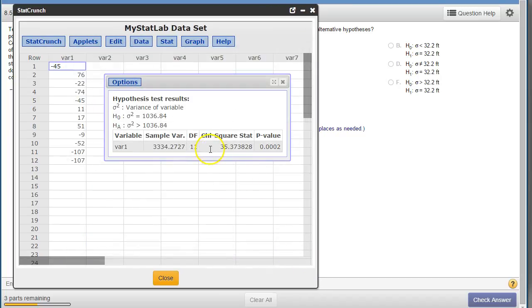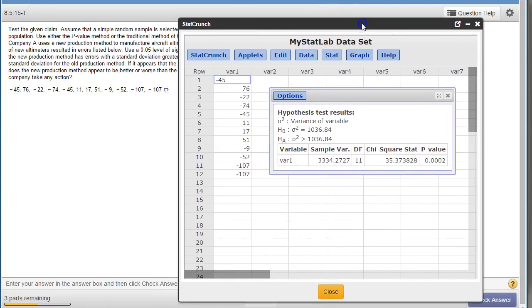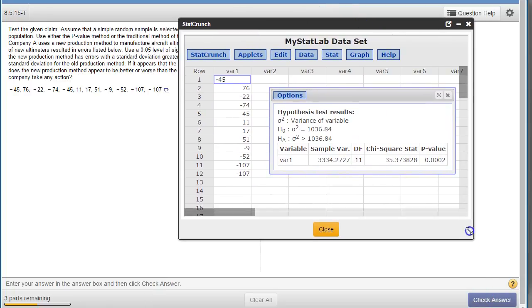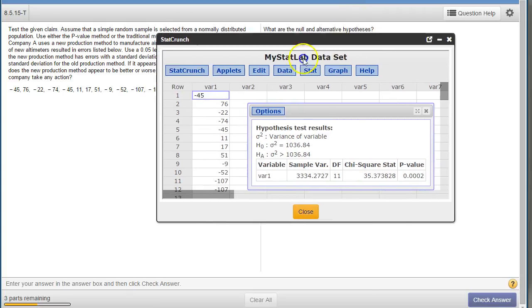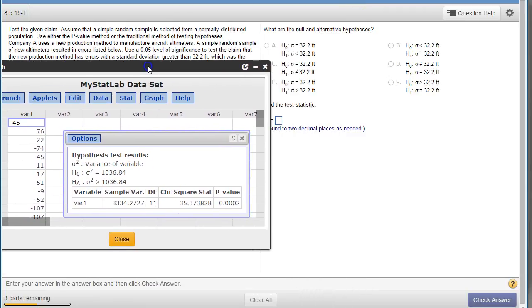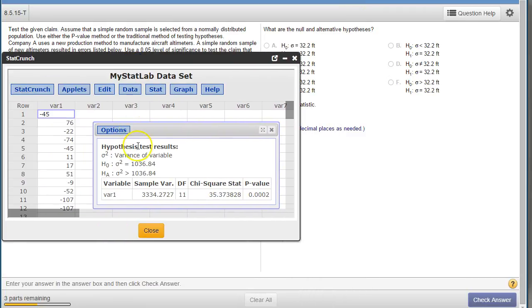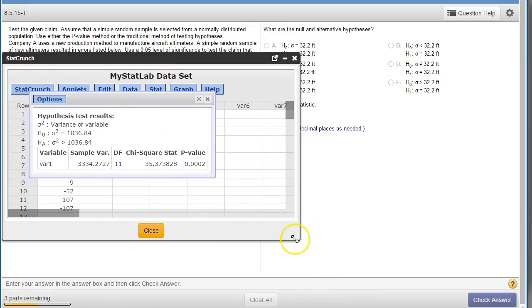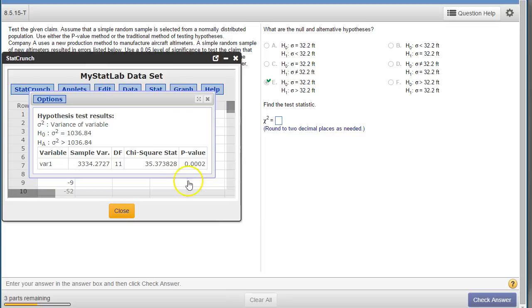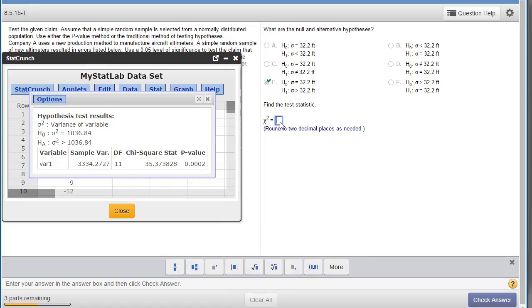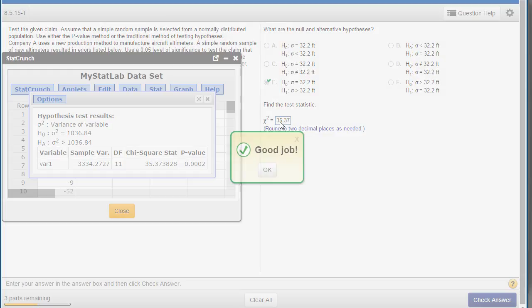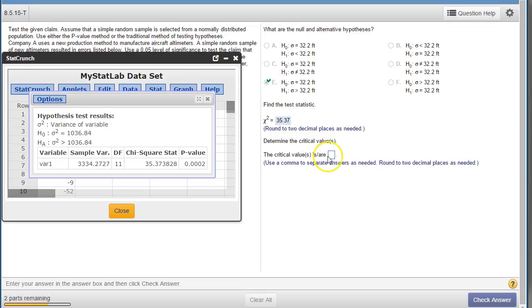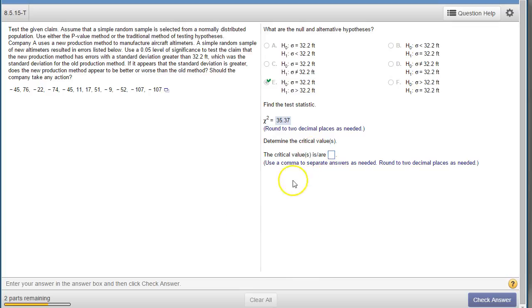The test statistic, the p-value, all of that is the same as it would be if we went through the methods in a given example. So there's the chi-square test statistic. The chi-square test statistic to 2 decimal places is 35.37, and the p-value is, oh no, sorry, it's critical values.